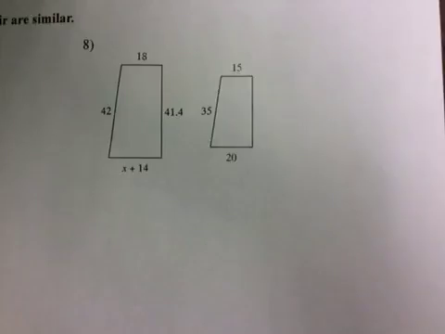Okay, last problem. All right, so I have extra sides here that I don't even need, but most importantly, I want to match up x plus 14 with the side it corresponds to, which is the 20. And then I can pick any other pair of corresponding sides. So I could pick the 18 and the 15, or I could have done the 42 and the 35. I don't have this other side, which is the one that corresponds to 41.4, so I can't use that one even if I wanted to.